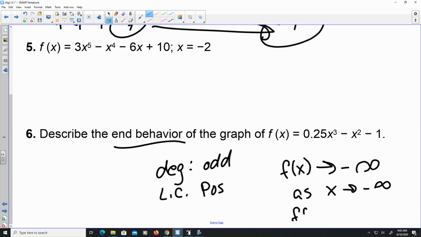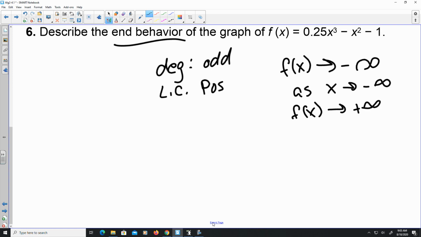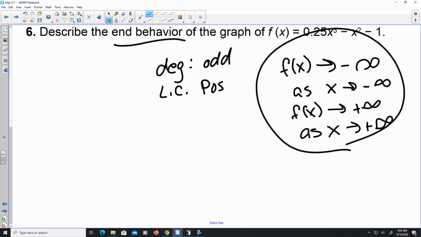And then you're going to say f of x approaches positive infinity as x approaches positive infinity. And that's the end behavior for that.